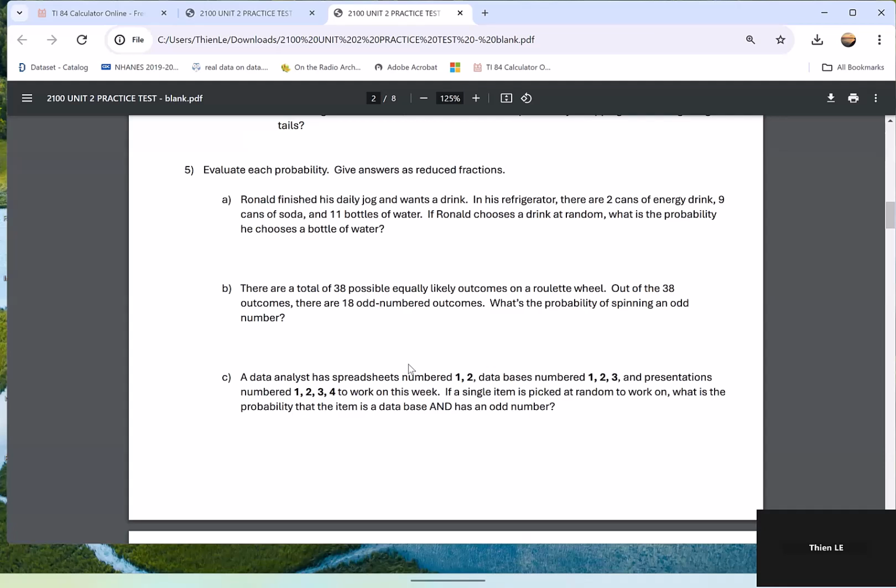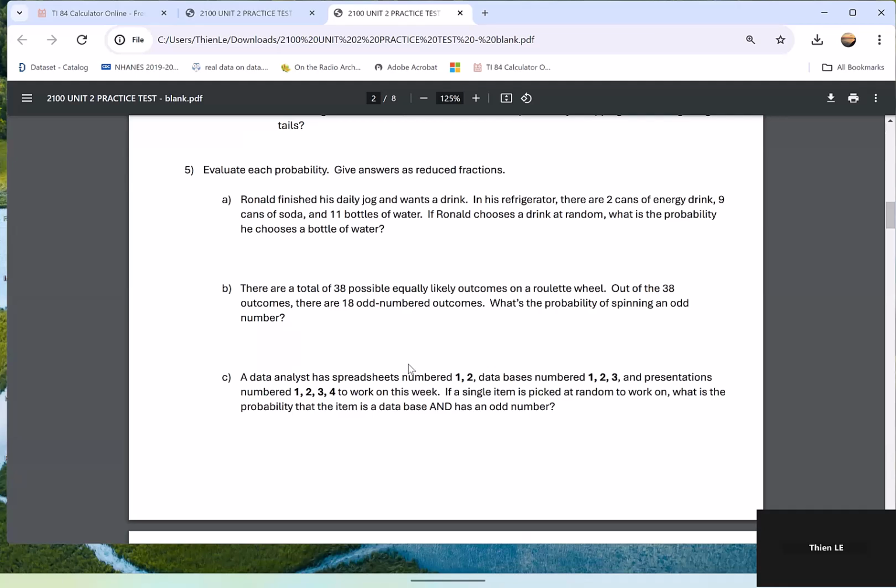Database numbers are 1, 2, 3, and an odd number, so you can get either 1 or 3, right?